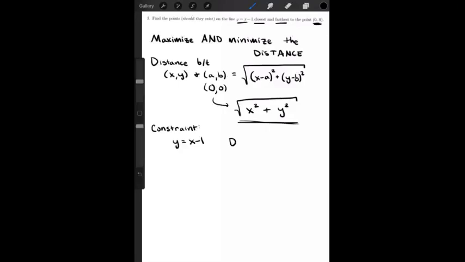So the function that we're both maximizing and minimizing is going to have that x squared, but we're going to replace this y with something that it's equal to, which is x minus 1.